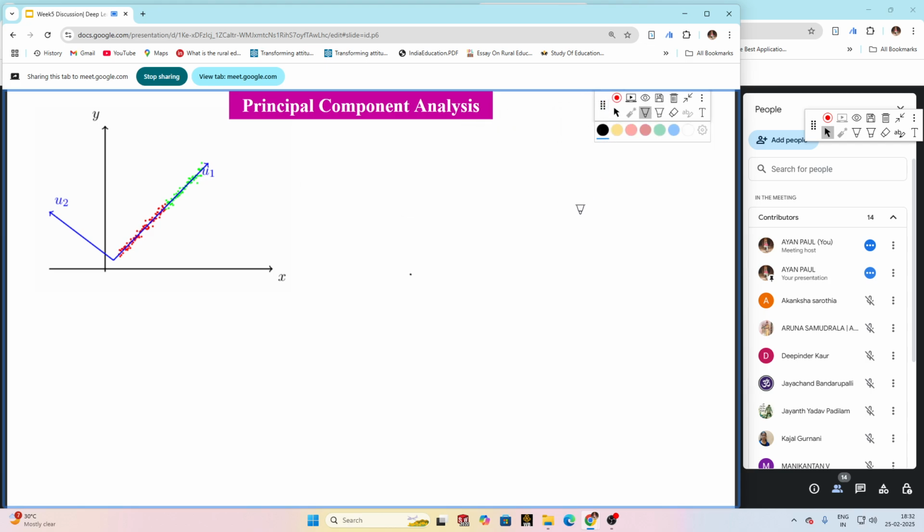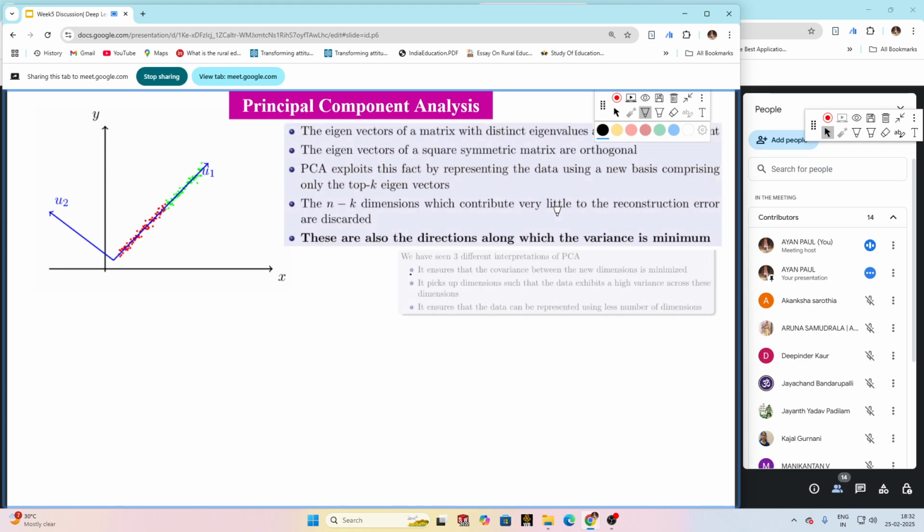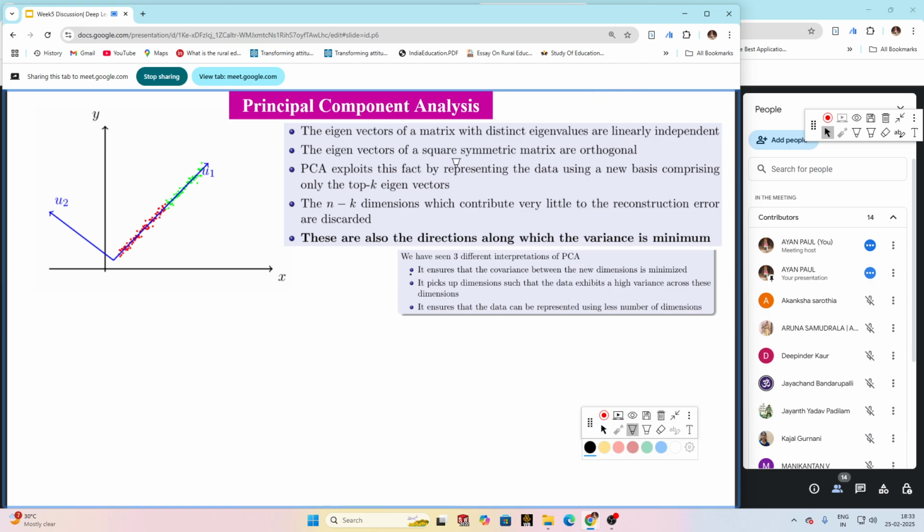Okay, now why are we interested in projecting our points on a suitable basis, that is the eigenvectors or whatever basis? We are interested because of this thing known as principal component analysis. In principal component analysis, the eigenvectors of a matrix with distinct eigenvalues are linearly independent.